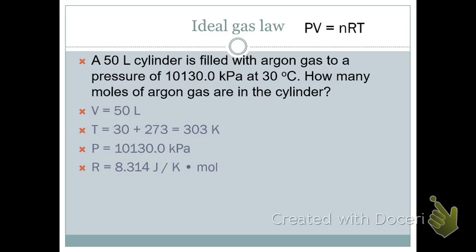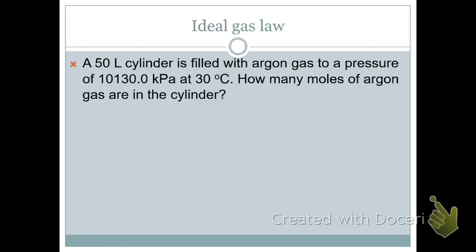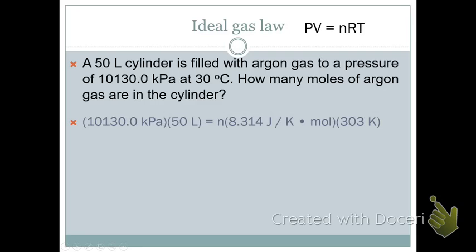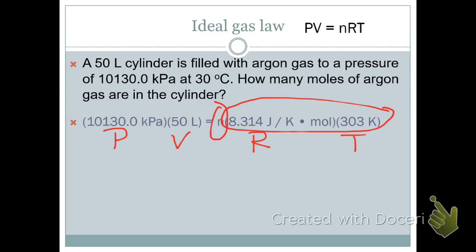I'm going to take them all and plug them into my equation. Here you have my pressure, you have my volume, you have to find moles because that's what's missing, you have my R, and you have my temperature. So I need to get this information away from my moles.